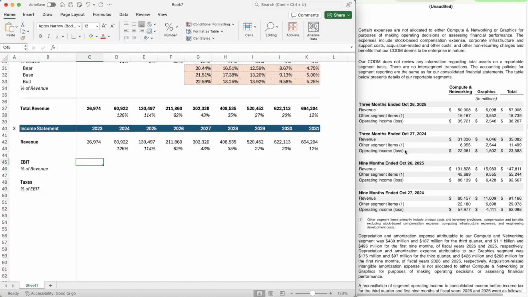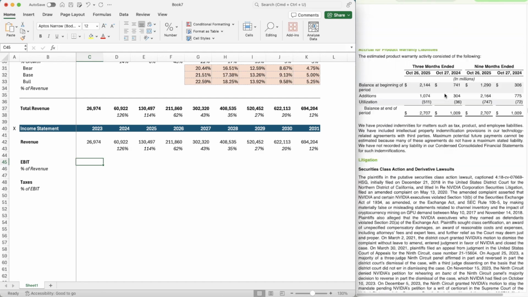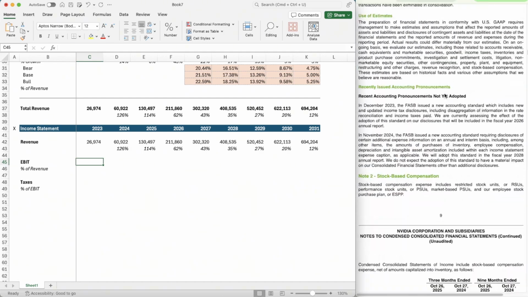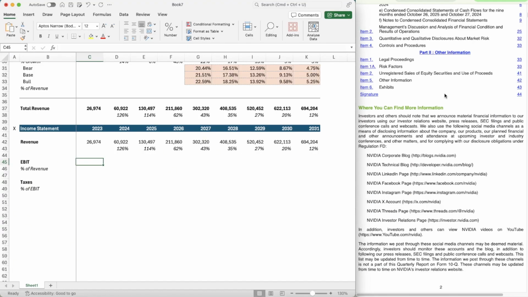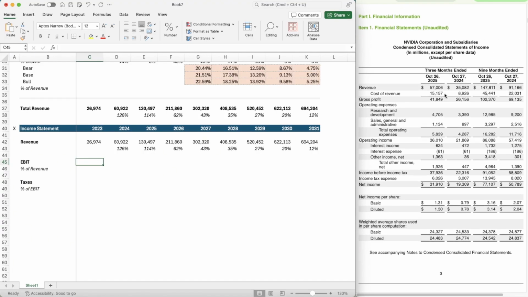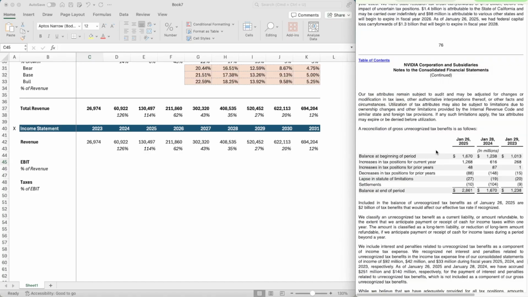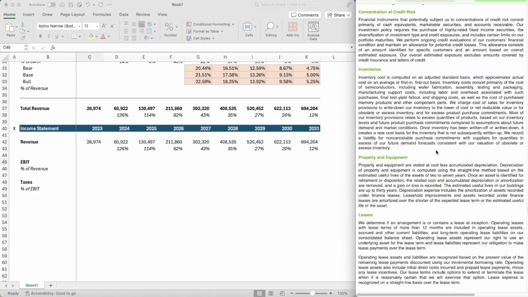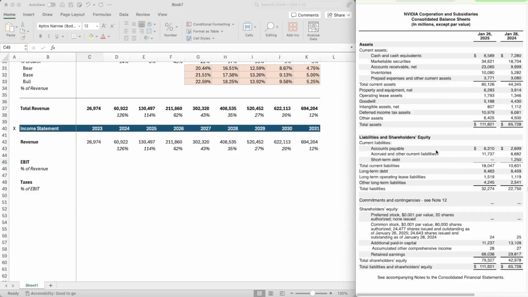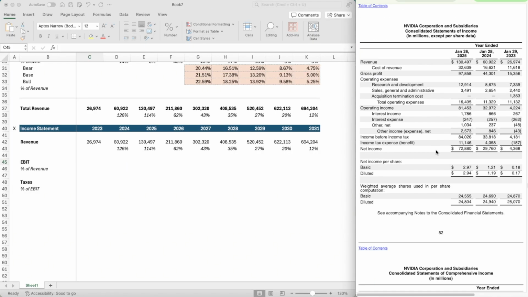So we want to come back up to the income statement on both the 10Q and the 10K. It's down here, but let's do the 10K first because that's for the full year. Here we are.